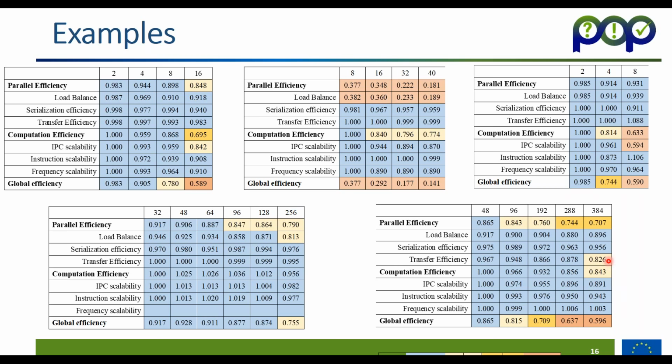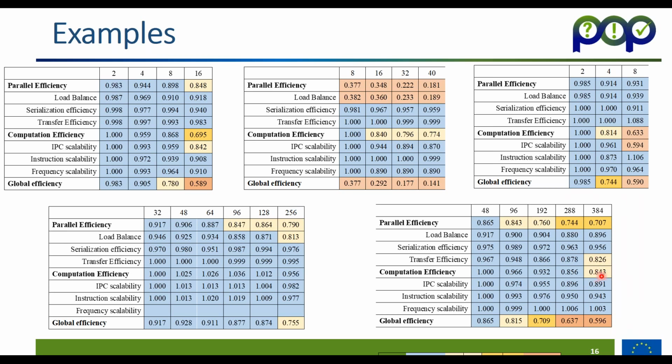We have, nevertheless, on the other side, a transfer efficiency factor, which is even a little bit worse. This transfer efficiency factor, combined with the load balance and serialization, results in this parallel efficiency. And this parallel efficiency, combined with this computational efficiency, results in this global efficiency.